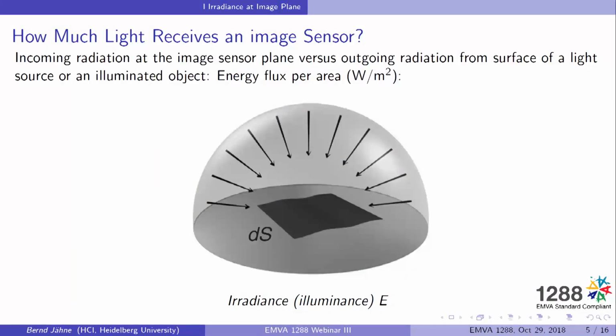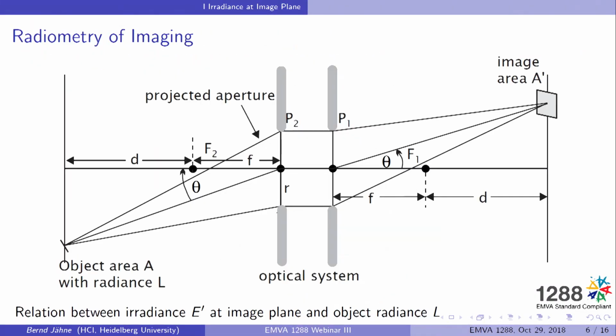So what we actually want to do is start with the radiance of an object and answer the question: how much light do we actually receive, or what is the irradiance at the image plane? And this can be done in this schematic graph as it's shown here.